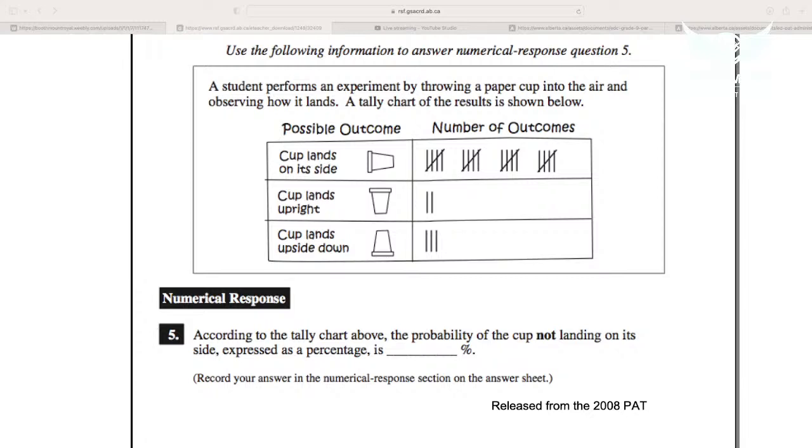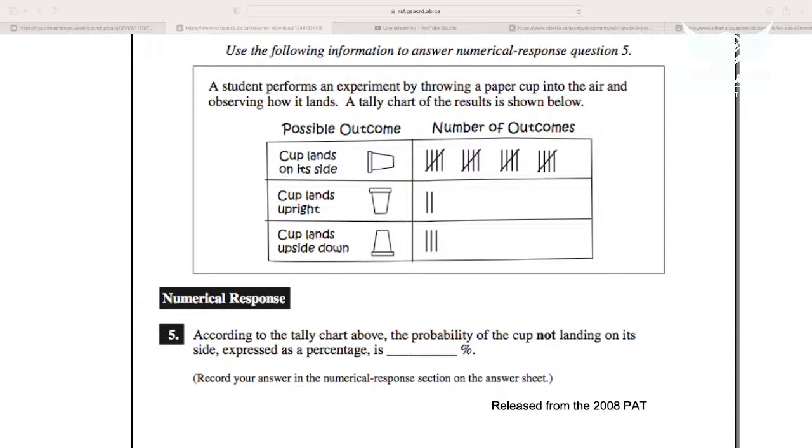Okay, so we need to calculate how many total throwings he did, so we add up the total number of throwings. It will be 5 times 4, 20, 22, 25. So he threw the cup in the air 25 times.